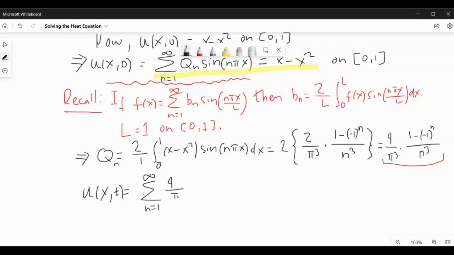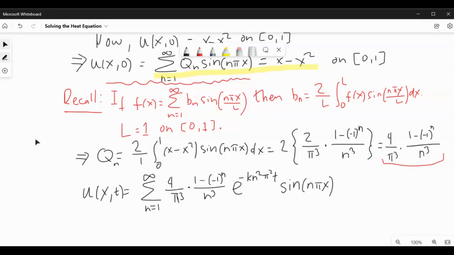So 4 over pi cubed, so this is supposed to be a cubed, times 1 minus negative 1 power n all over n cubed times e to the negative k n squared pi squared t times sine of n pi x.